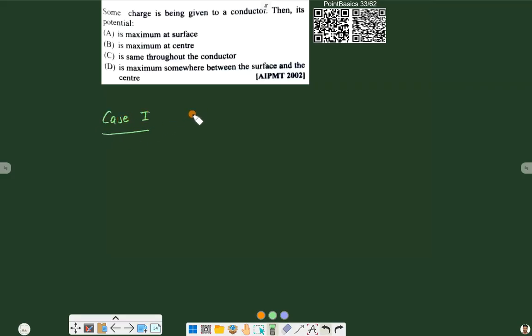We consider a hollow conductor, some type of hollow conductor. It can be either a cylindrical hollow conductor or a spherical hollow conductor. Now in this scenario, we know that in the case of a spherical hollow conductor, the potential inside it is constant, and outside it is also equal to what is inside.